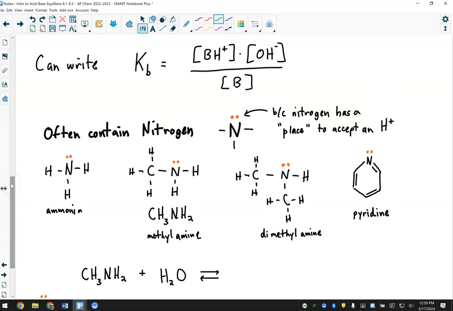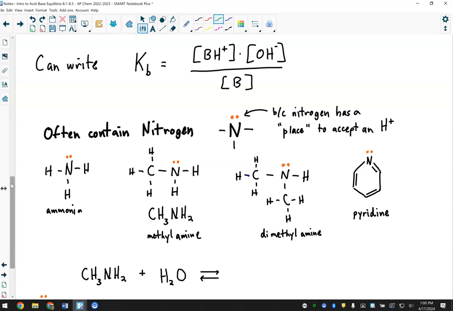As I said, these often contain nitrogen, and in a minute I'm going to hand out a reference table of some Kas and Kbs, and you'll see that a bunch of these nitrogen-containing weak bases are in the middle of the handout. So you have ammonia. Another one is called methylamine. So this is a formula.